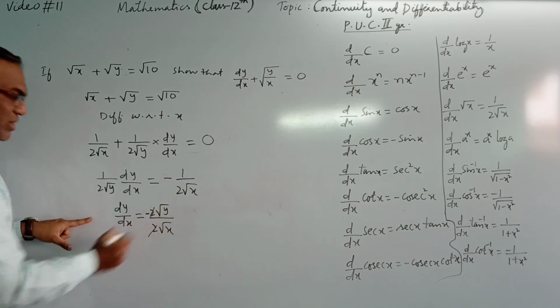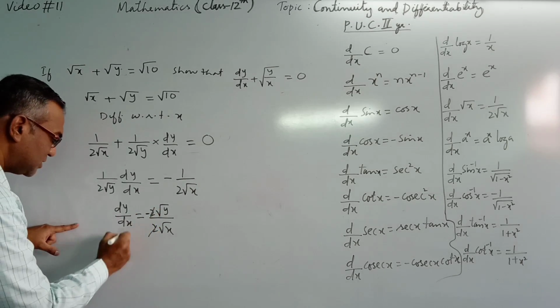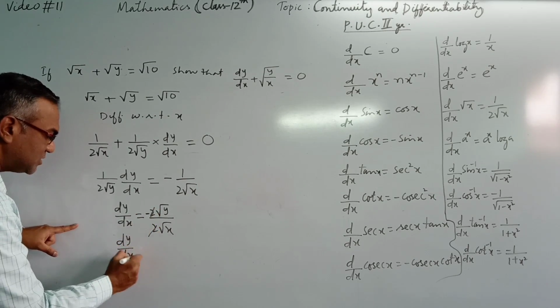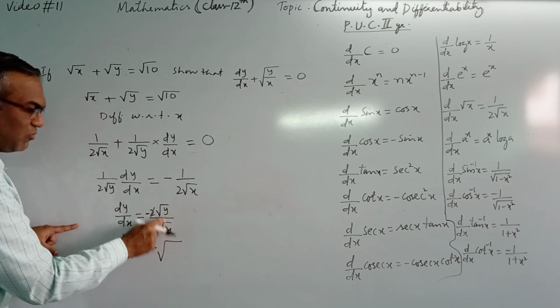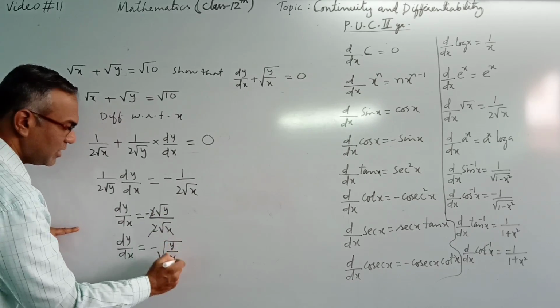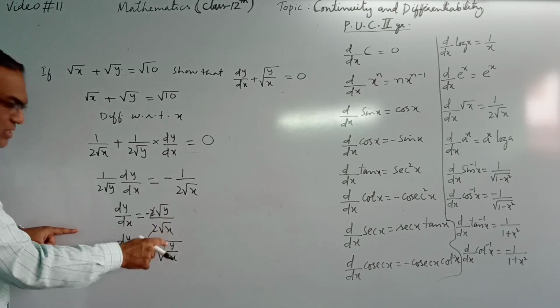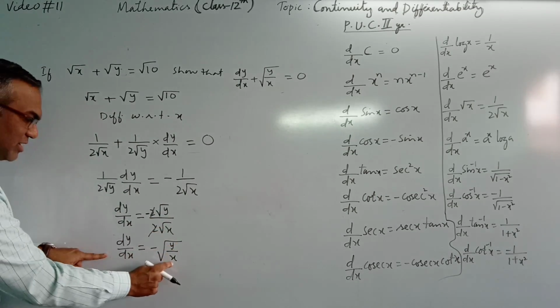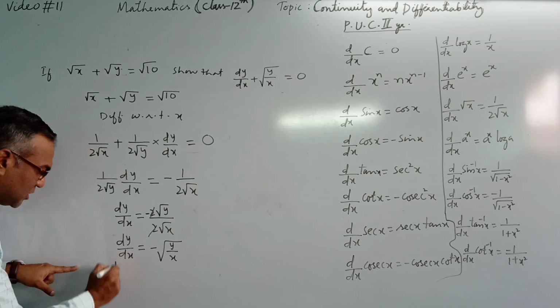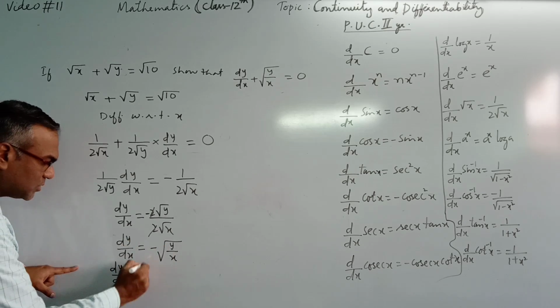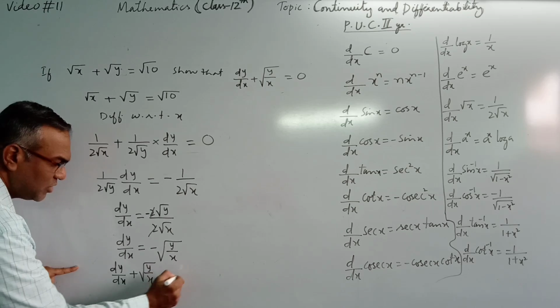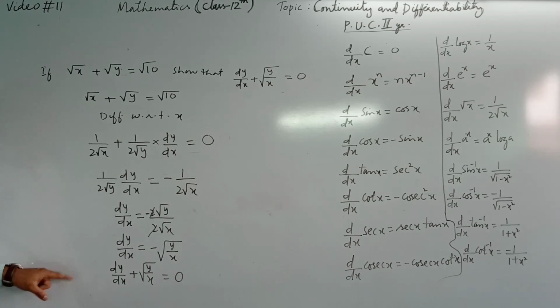This 2 and 2 will get cancelled. So that becomes dy by dx is equal to minus... can we write both in one root? Yes, y by x. Root y divided by root x is the same as root y by x. Now take this one here, so it becomes dy by dx plus, minus will become plus, root y by x is equal to what is left on the right hand side, 0.